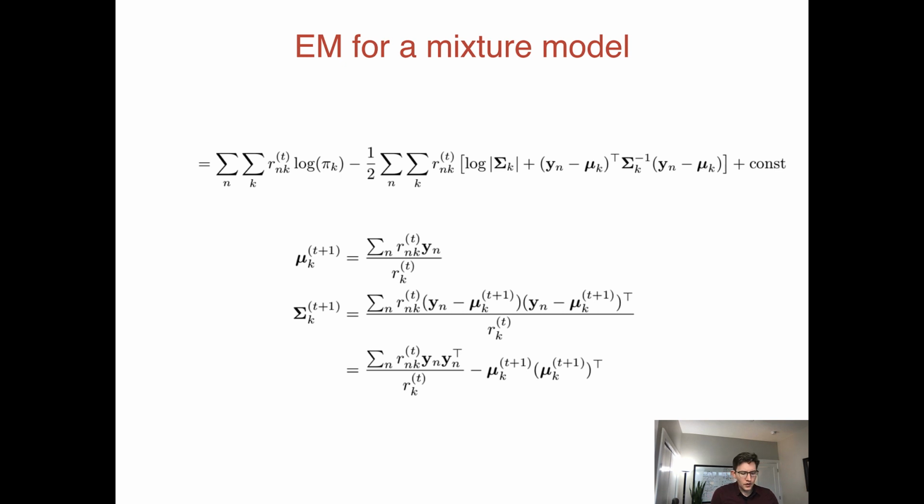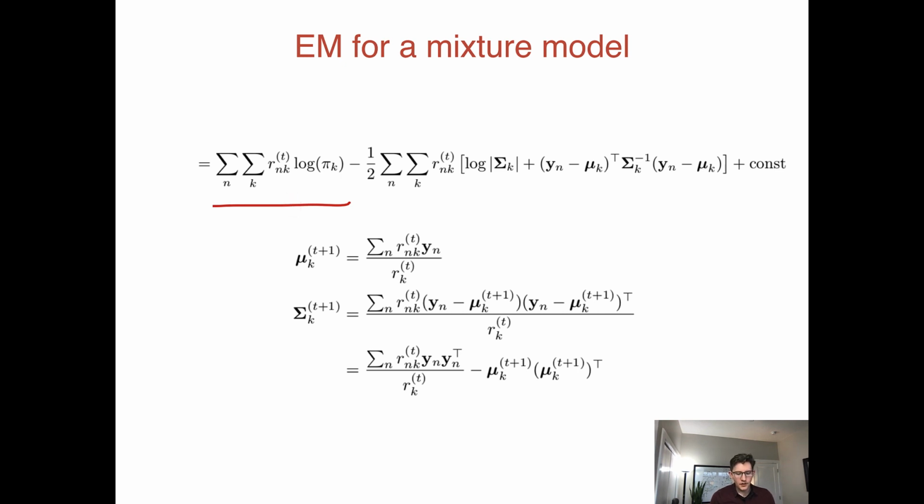Notice, though, that it's pretty easy to do this derivative now. So here we just have a sum over a bunch of stuff involving pi k. If we want to optimize pi k, if we want the partial derivative with respect to pi k, we just need to look at this term, and it's just a sum.